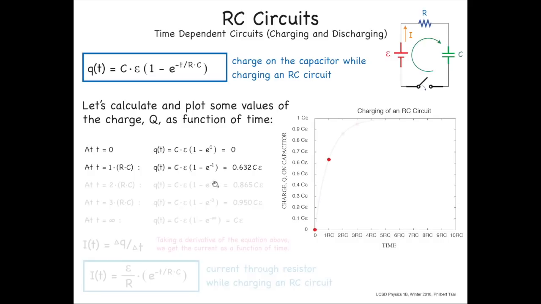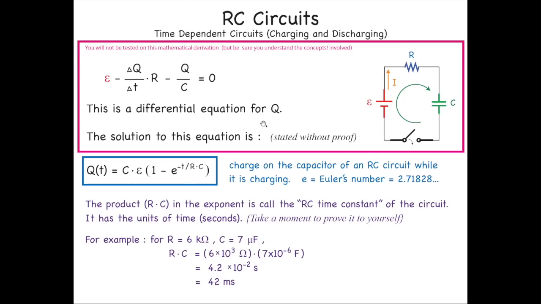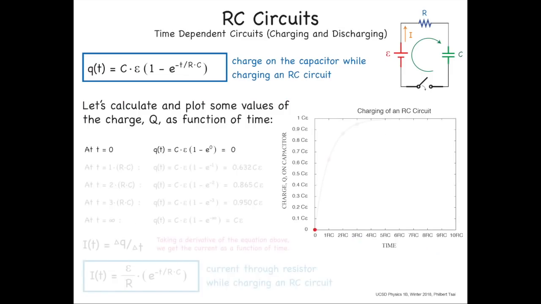E to the minus 1 turns out to be about 0.37, which means that 1 minus e to the minus 1 gives us a number about 0.63. So at t equal to 1 RC, in this case 42 milliseconds, the charge on the capacitor is equal to 0.632 times C times EMF.